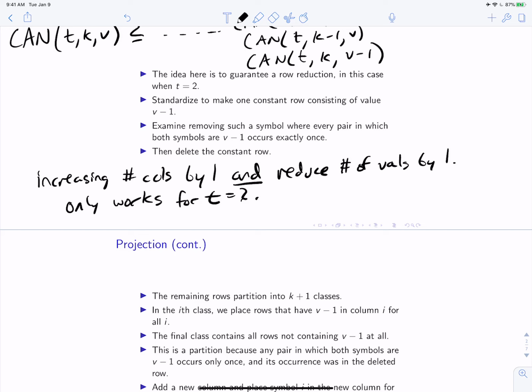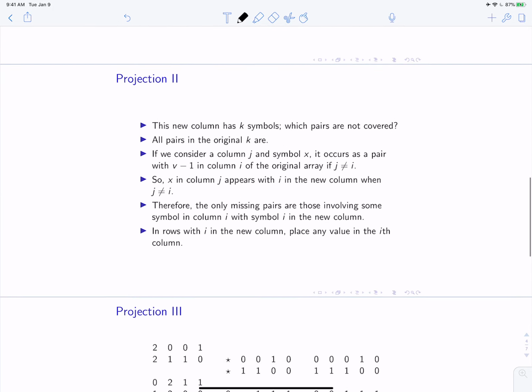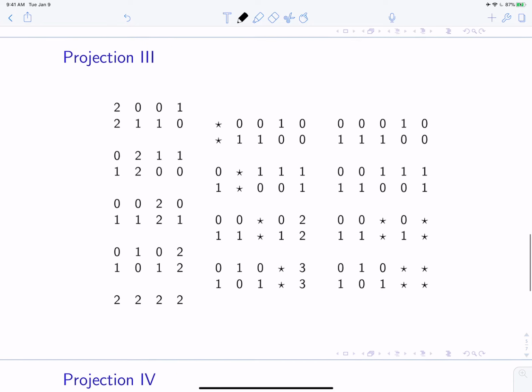And why is that? Because with t equals 2, it is really easy to characterize which interactions are left uncovered when we add a new column. Whereas when you have t equals 3, it's harder to characterize that.